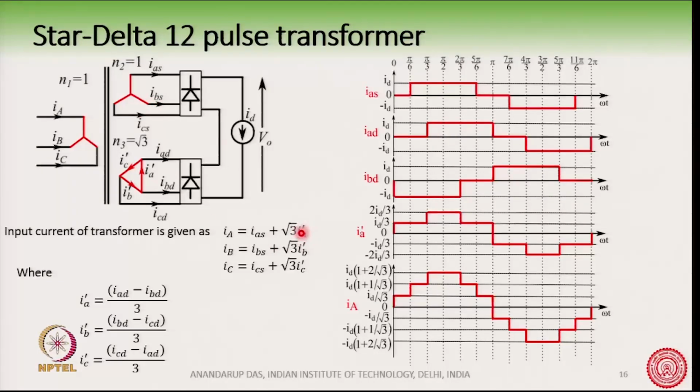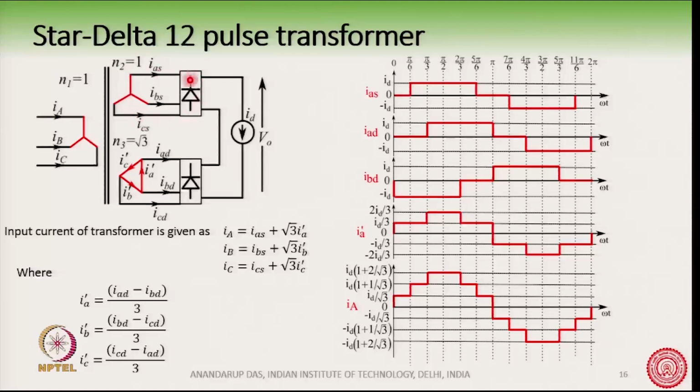And we have also found out that IA dash is a function of IAD, IBD, ICD. Now, we would like to plot the waveform of IAD and IAS, this current and this current, and how it will look like.